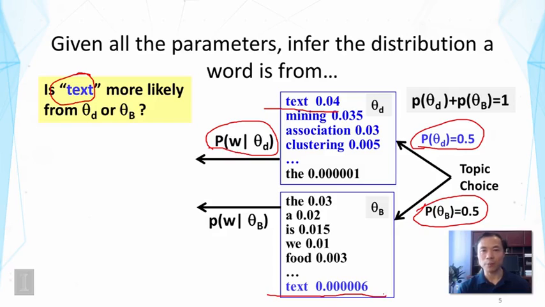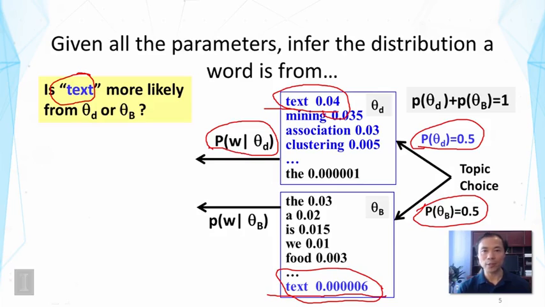Why? You will probably see that it's because text has a much higher probability by theta sub d than by the background model, which has a very small probability. And by this, we're going to say, well, text is more likely from theta sub d. So you see, our guess of which distribution has been used to generate the text would depend on how high the probability of the data, the text, is in each word distribution.